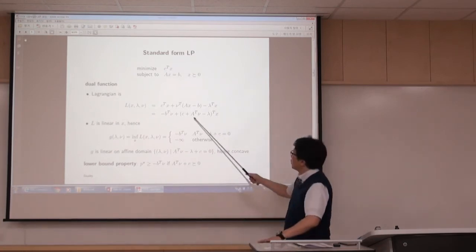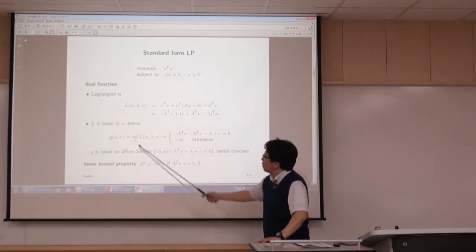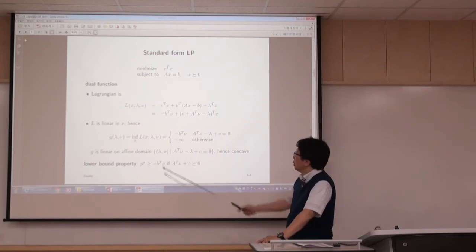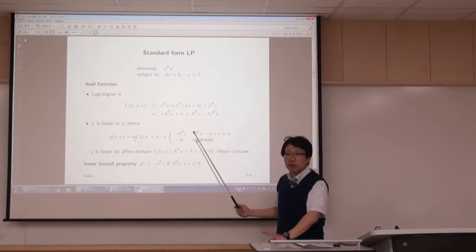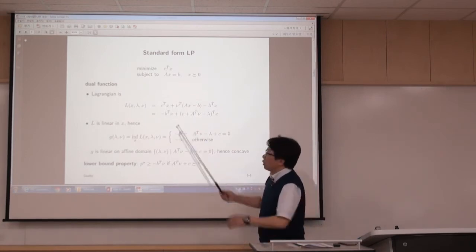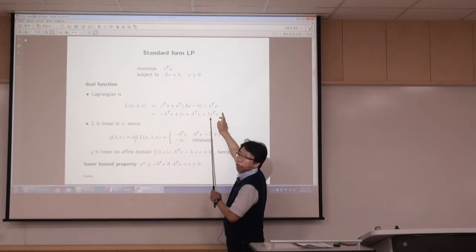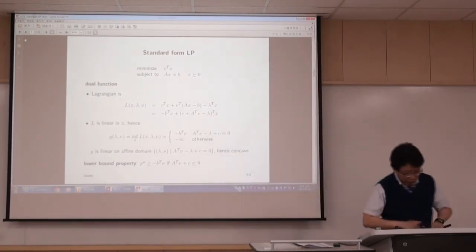Now, what happens if this vector is not 0? Since your infimization has no constraint, it's like this. In a one-dimensional problem, this is a constant and you multiply x. Okay, so let me give you.